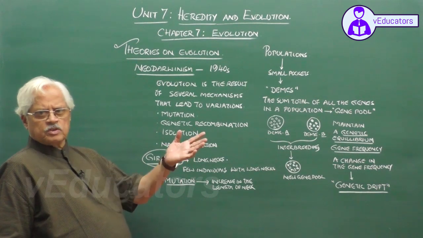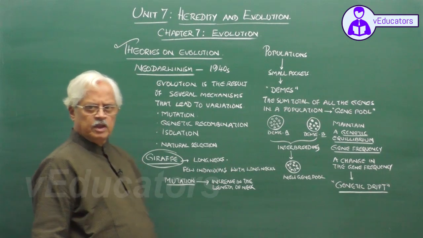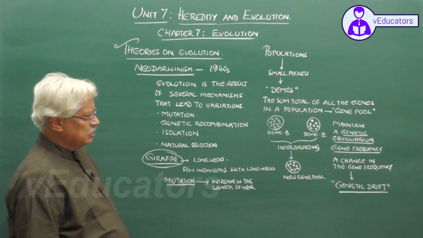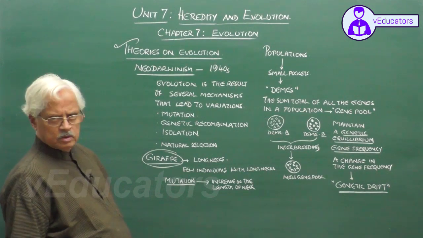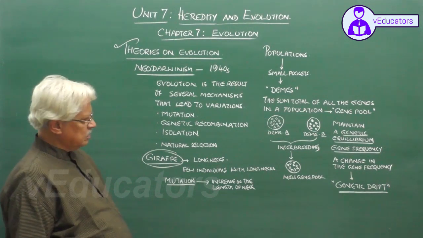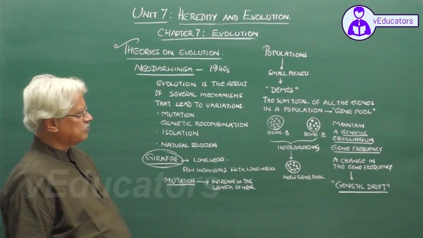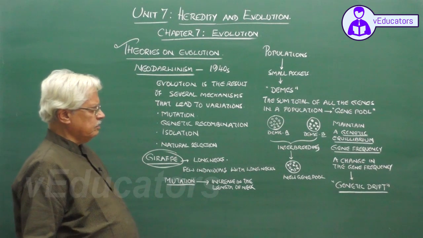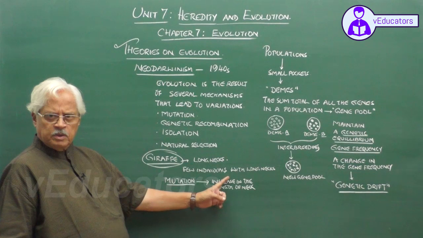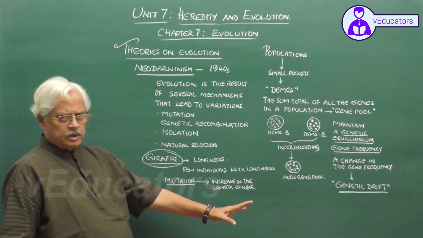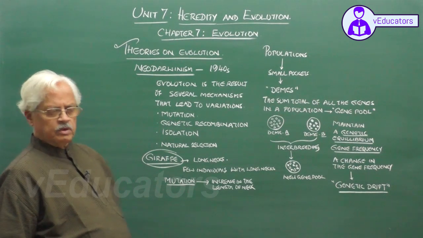That was an advantage for the purpose of feeding on the leaves from taller plants. So in the course of time, the long-necked giraffes survived because of natural selection, and short-necked giraffes got eliminated. So that is how evolution of long neck in giraffes can be explained, particularly in the light of the modern theory on evolution.